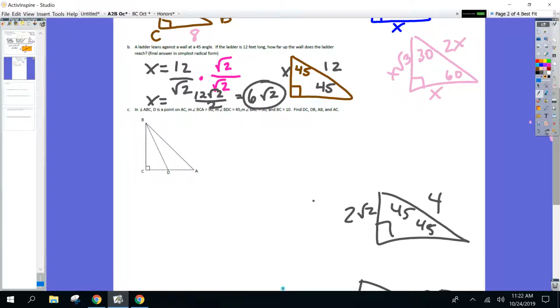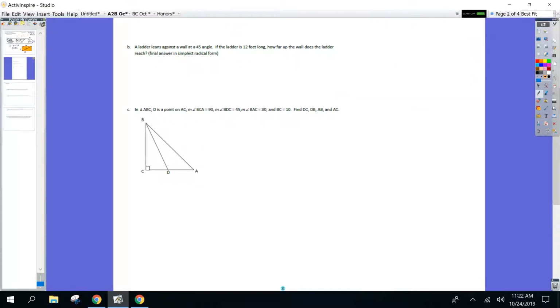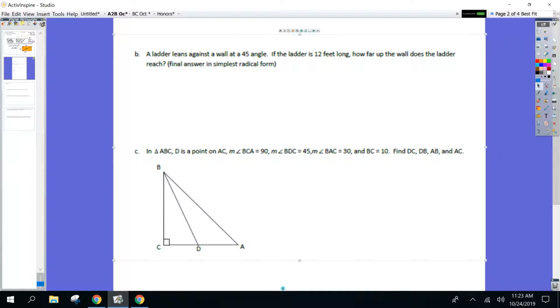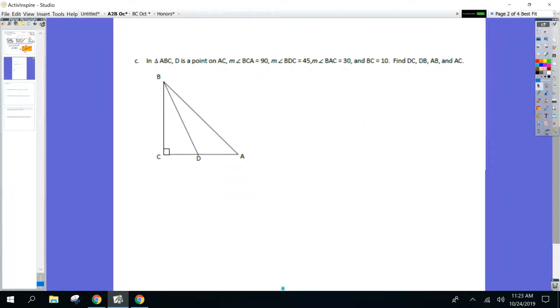All right, and then we got a good problem right here. Can I blow it up? I'll let you guys label everything that I gave you on top. Go ahead and label your diagram with all the degree measures.